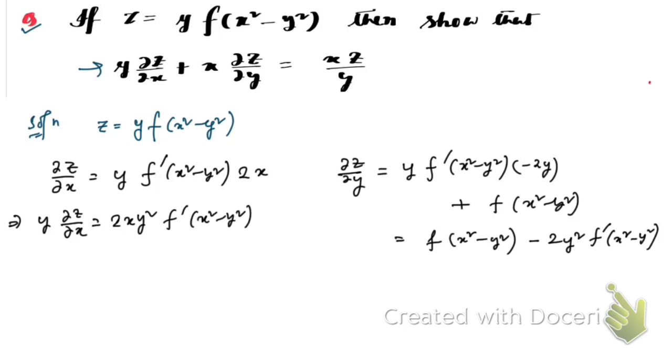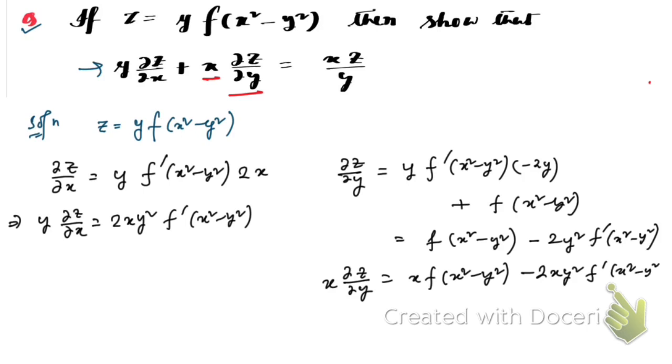Similarly, in the second term, this x should be multiplied with this, so let's multiply x here and here as well. Doing so, we have x into del z by del y, x f of x square minus y square, then 2xy square f dash of x square minus y square, right?